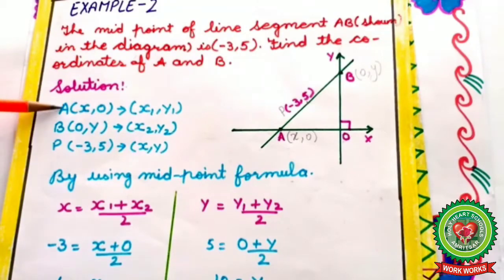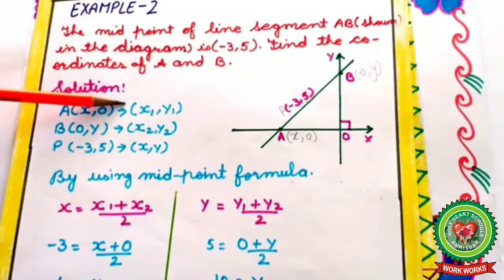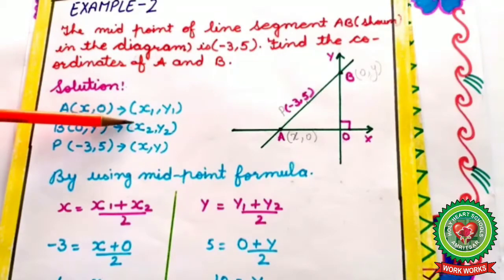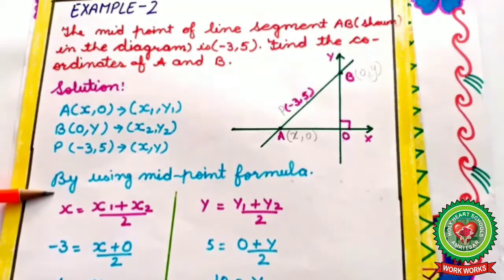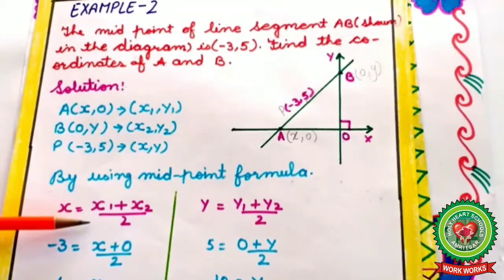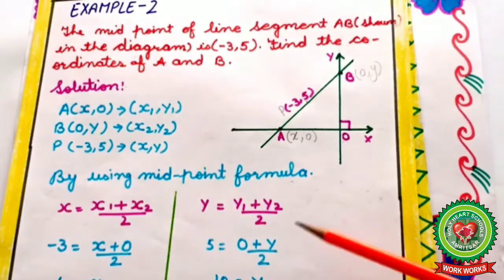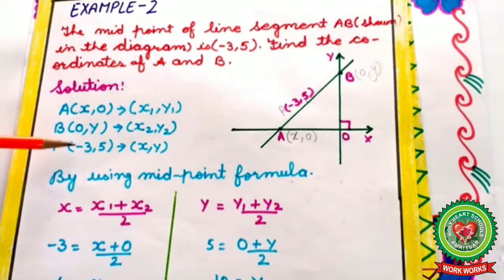Now the coordinates of A are denoted by x1, y1, B by x2, y2, and P is x, y, because P divides this line segment into equal parts. Now by using the midpoint formula, x equals x1 plus x2 upon 2 and y equals y1 plus y2 upon 2. After filling in the values, the value of x is -3.